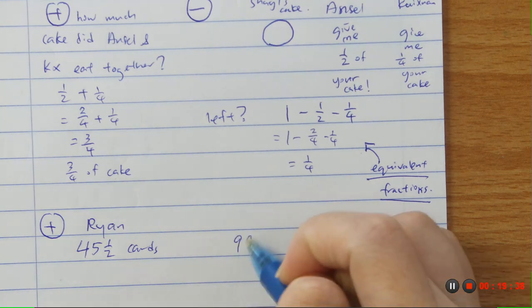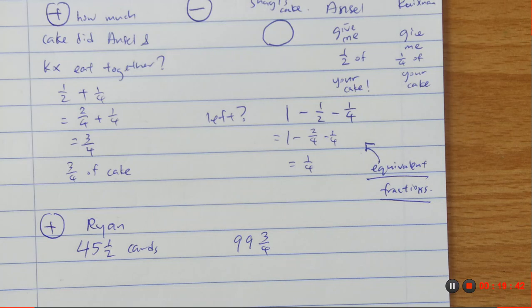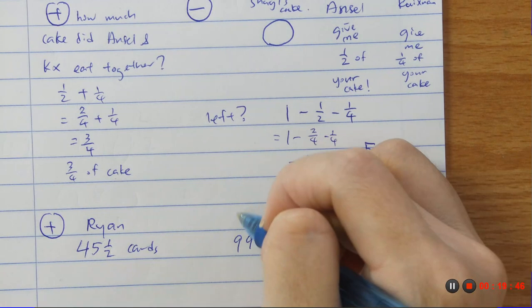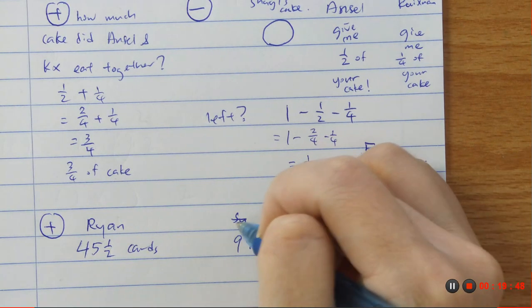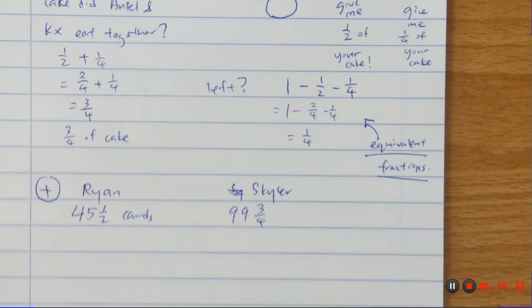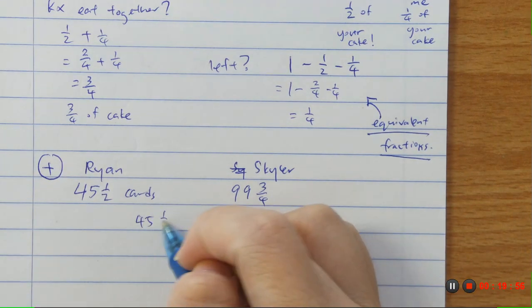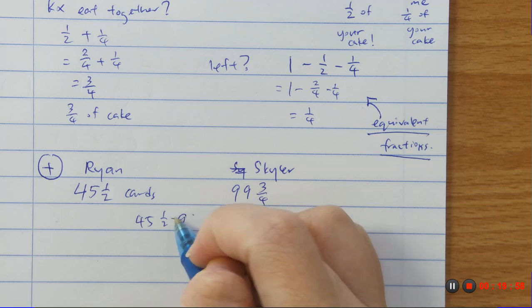I have 99 and 3/4 cards, 3/4 because it's torn. This is Skylar. Don't be sad, okay, Skylar. I give you all my cards. Now what do we do? Add together. The number is so big. Is it very scary?